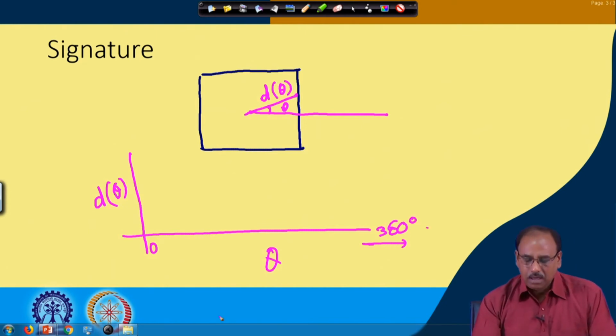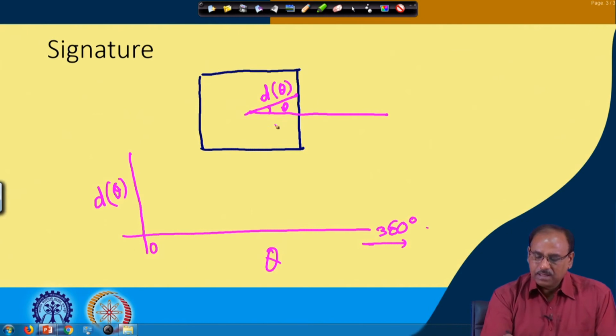Okay. And in this case, you find that when theta is 0, as my reference line is over here, the distance will be one of the minimas. So, I start from here. And when theta is 45 degree, as I have taken a square, that means I am computing the distance of this vertex of the square from the centroid, this distance will be maximum.